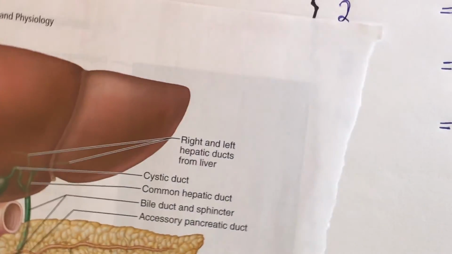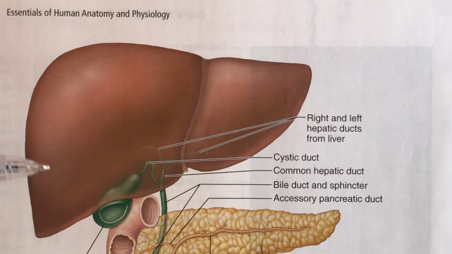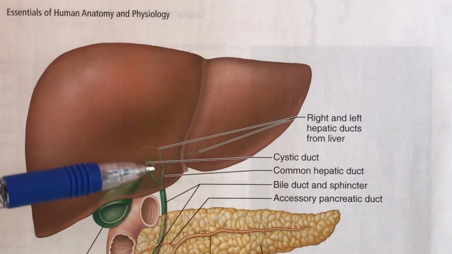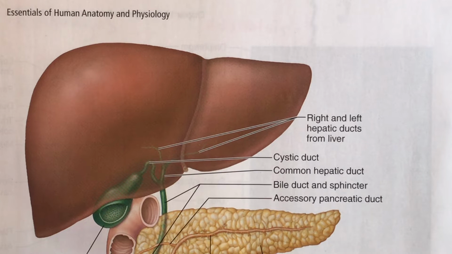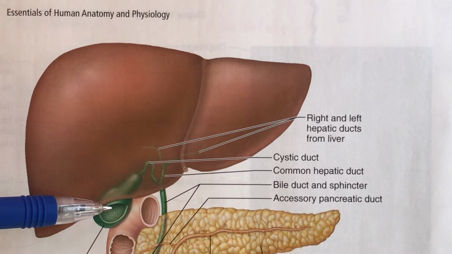So we have the liver, which has lots of functions, but in the digestive realm, it makes bile and secretes bile. The gallbladder doesn't make bile, but it does store the bile.